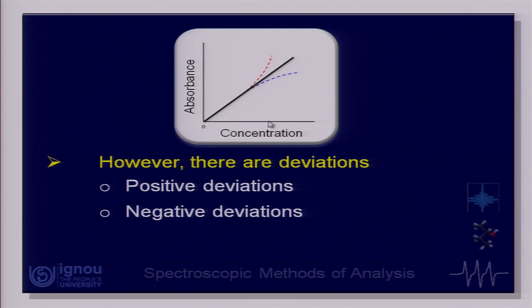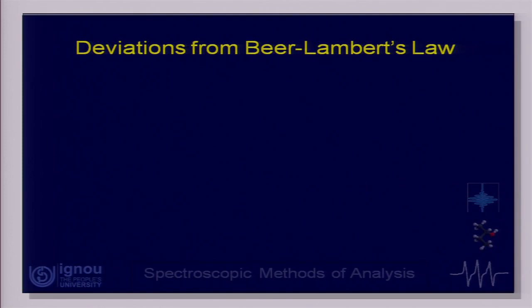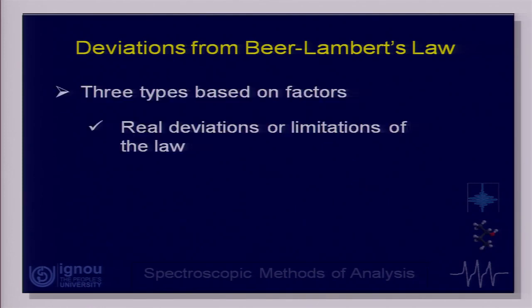These are the typical kinds of deviations we come across, and they are normally observed at somewhat higher concentrations. We will talk about all the factors as we move further. Now, we can put the deviations from Beer-Lambert law in three categories, based on the factors responsible for them.